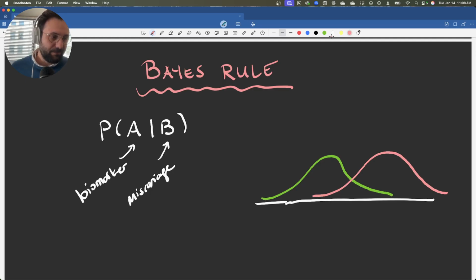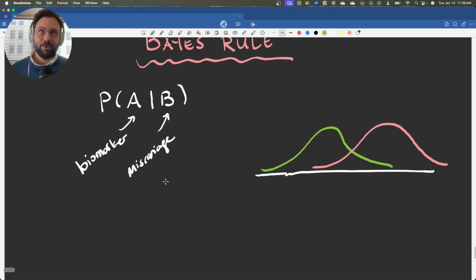So for any part in this measurement, we can now calculate what's the probability of this biomarker for different conditions of the pregnancy, either miscarriage or healthy birth.